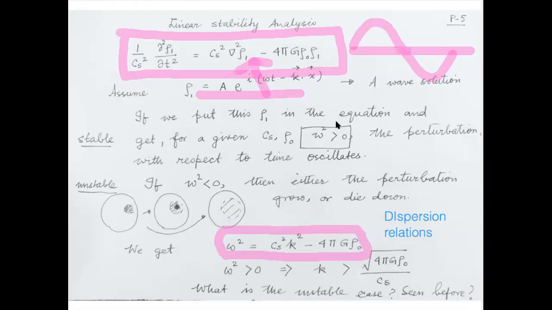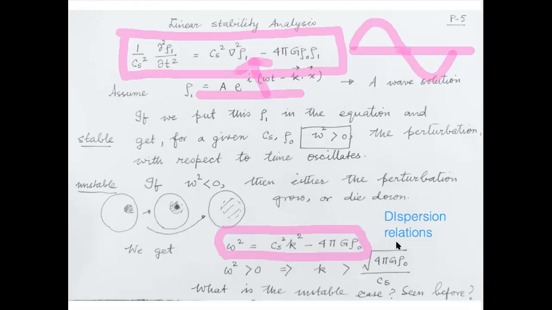But remember, omega square greater than 0 for us right now gives the stability. So omega square greater than 0 here means that this right-hand side is greater than 0, which tells me that k has to be greater than this quantity. So if k is greater than this quantity, then it will be stable.